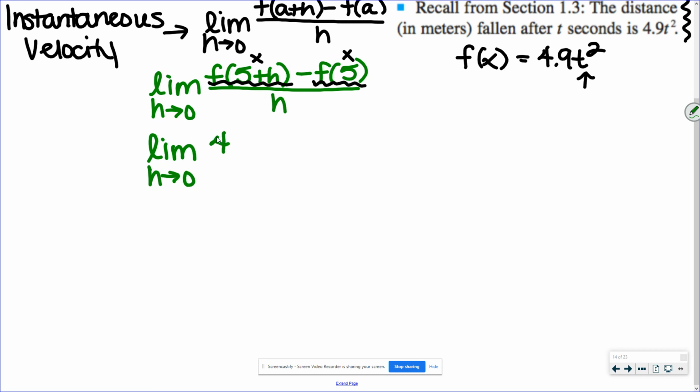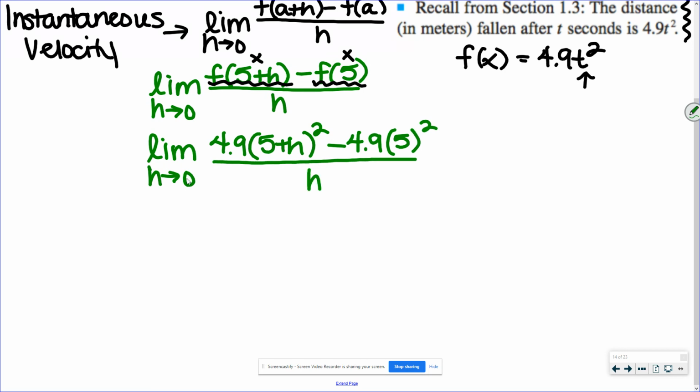So that would be 4.9 times, for the first one, 5 plus h squared. And then plugging in 5 again, 4.9 times 5 squared.